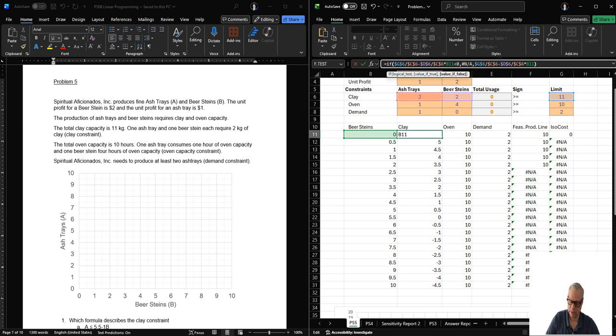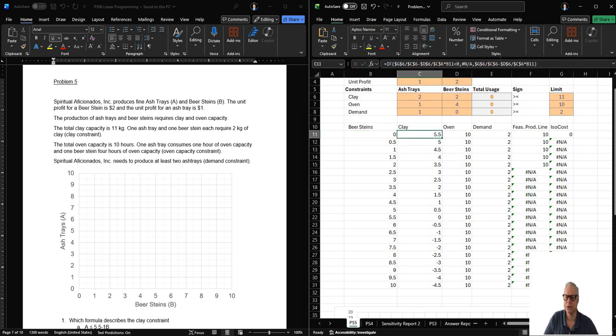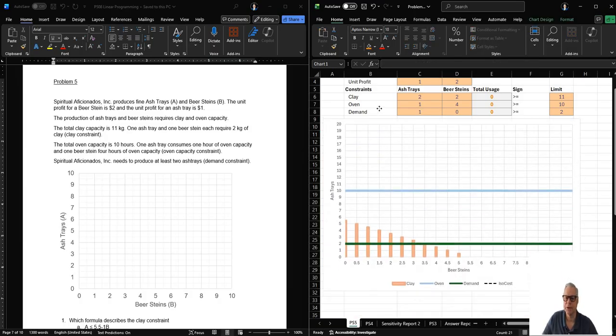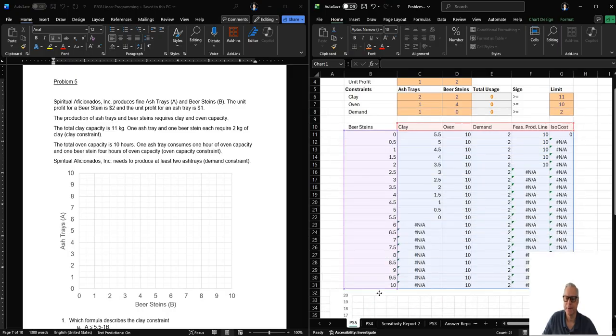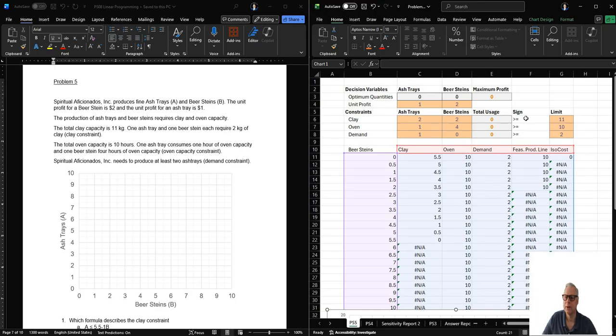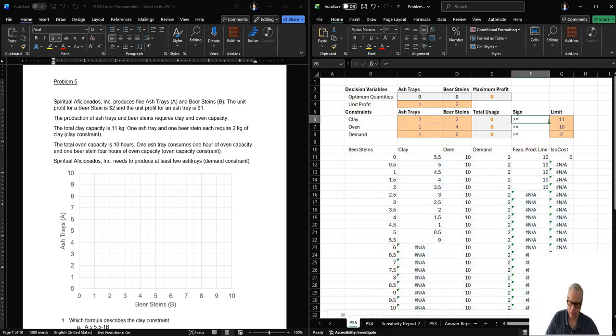And now we shouldn't see any negative numbers. Good. And is it in the graph already? Yeah, we'll fix that later. So now we have the clay constraint. And by the way, that's less than or equal.